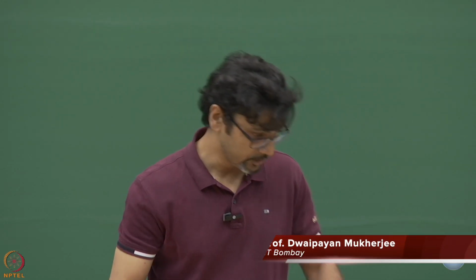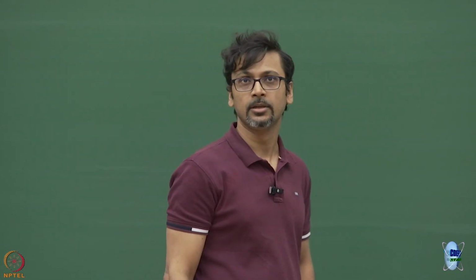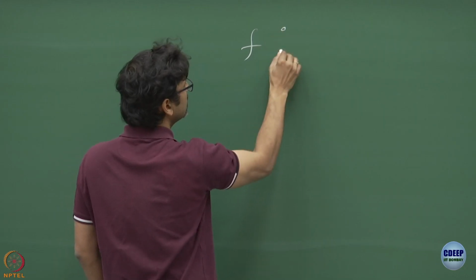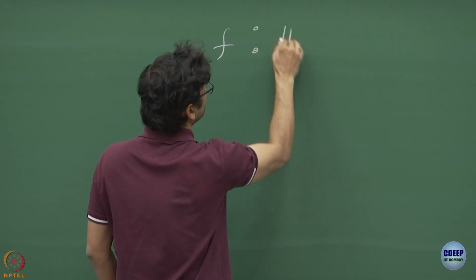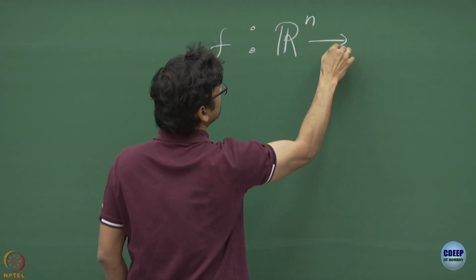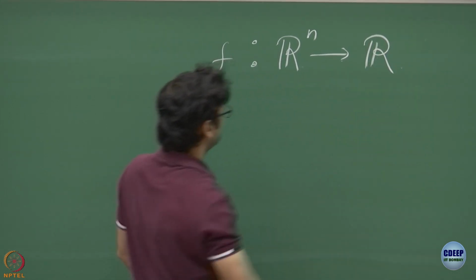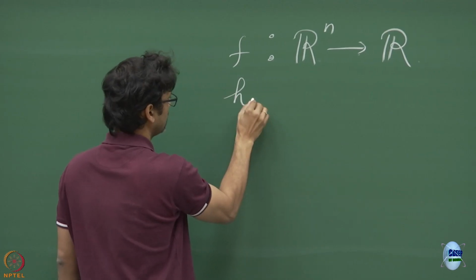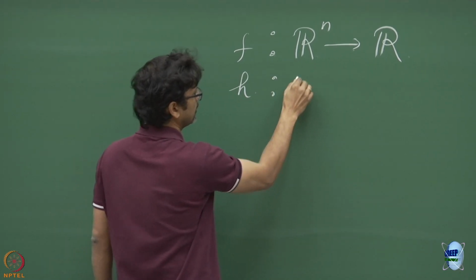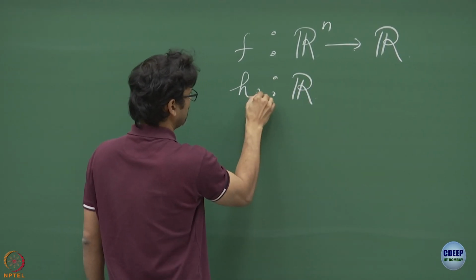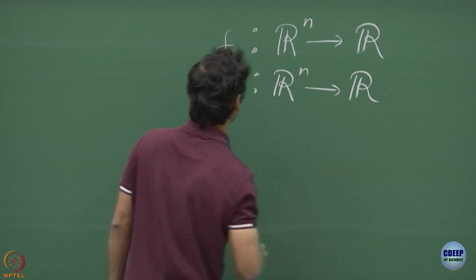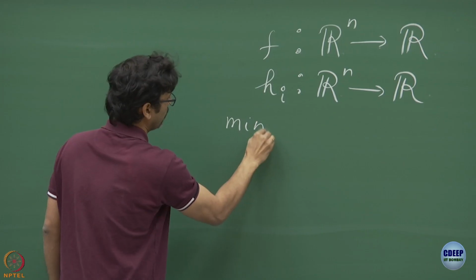Okay, so in the previous lecture we started to look at the problem of constrained optimization. The setup was as follows. We have this function f, the one whose minima we are trying to find, subject to the constraints.